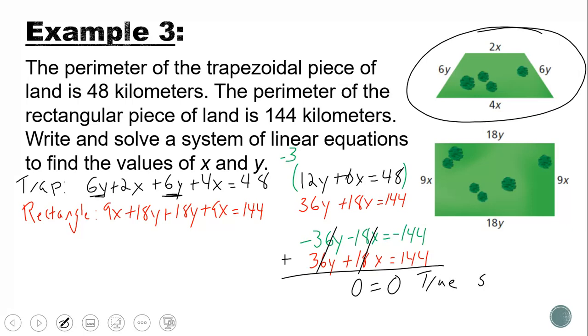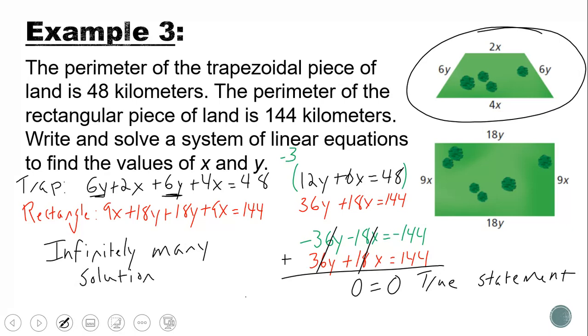So I end up with a true statement here of 0 is equal to 0. And that means that there's infinitely many solutions to this particular problem.